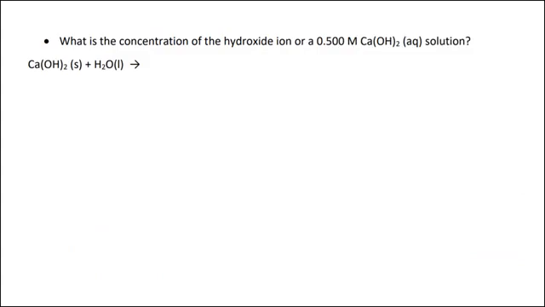So for this example, we are looking at calcium hydroxide dissociating in the water. So we can write this and we can say, okay, calcium is going to dissociate from the hydroxide. And I'm just going to leave out the water. We know the water is going to be on both sides.